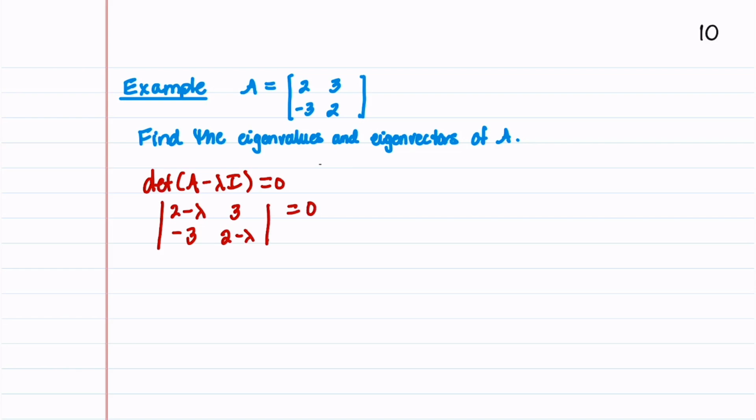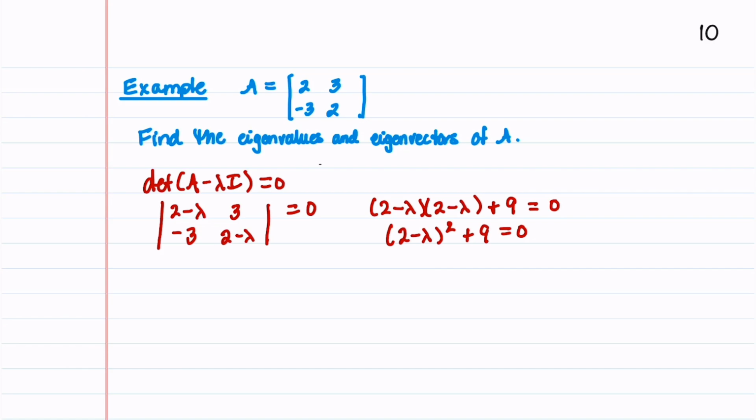We'll multiply this out. This is 2 minus lambda times 2 minus lambda minus a negative 3 times a 3. So that gives us a plus 9 is equal to 0. Let's write this as 2 minus lambda squared plus 9 is equal to 0.